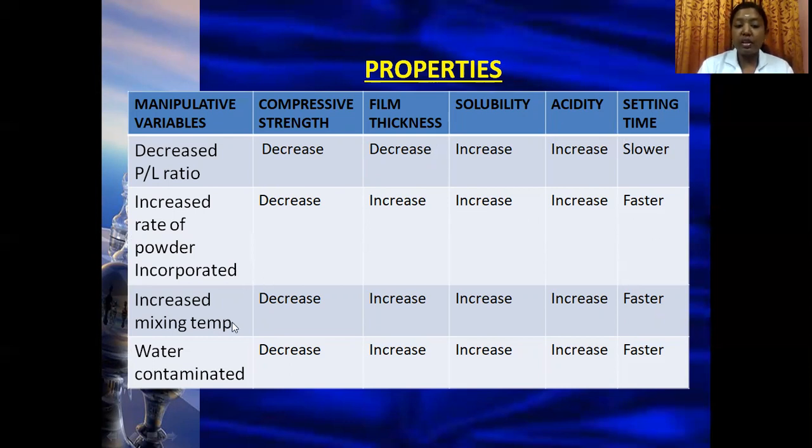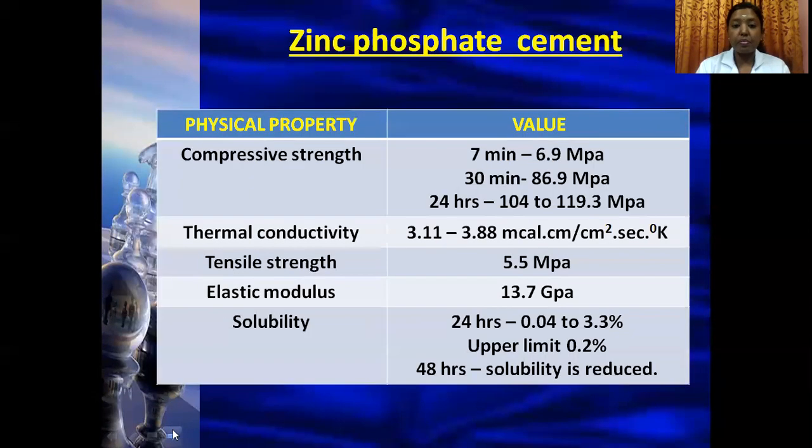When you increase the temperature while mixing the material, the compressive strength is decreased. However, the film thickness, the solubility, and the acidity of the cement are increased. You have a faster setting time. If there is water contamination, the compressive strength is reduced. The film thickness, the solubility, the acidity are increased. Here also you have a faster setting time.